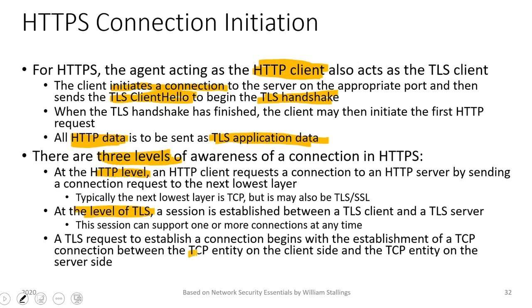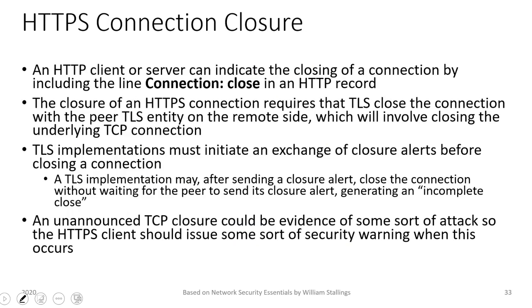And then underlying that is the TCP connection between the TCP entities at the client end and the server end. So the HTTPS connection, or the secure HTTP connection, will be established using an underlying TCP connection, on top of which there will be a TLS session established, and on top of which the HTTP connection can happen.